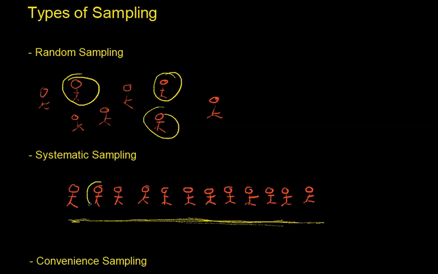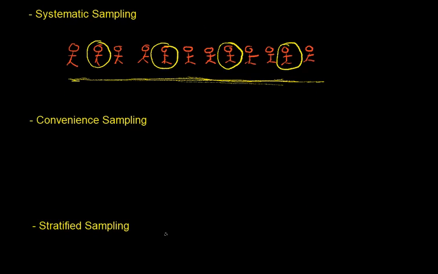Maybe I'll start on the second person, and I'm going to sample every 3 students, right? So in this case, a third of the students would get sampled, right? And so that would be a systematic way of sampling, to make sure that you're getting a good distribution of students with different GPAs.